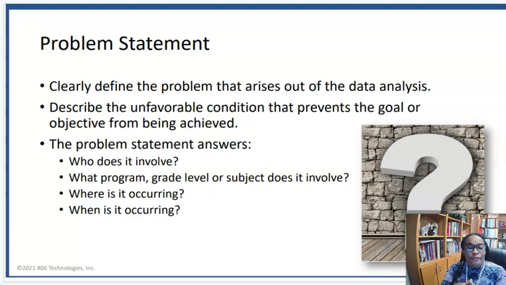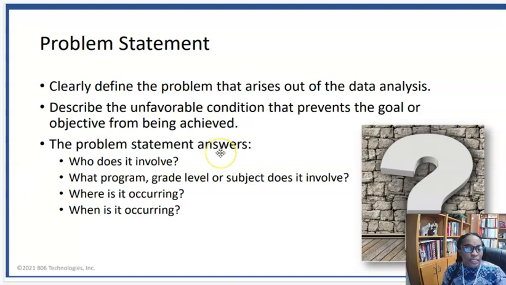And then talk about the unfavorable condition that prevents the goal or objective from being achieved. So if we're looking at our STAR writing data, and our STAR writing data over the course of time says that we're not being productive, then what is it that we need to do? Being honest about that. Being factual, not opinions, but facts. What is it that we need to look at in this data that says it's a problem?